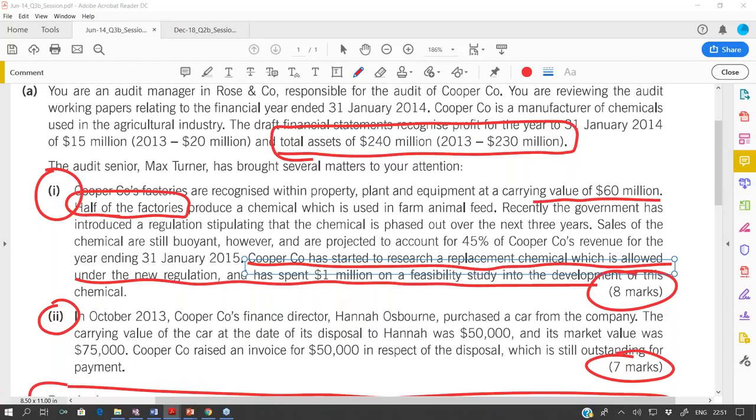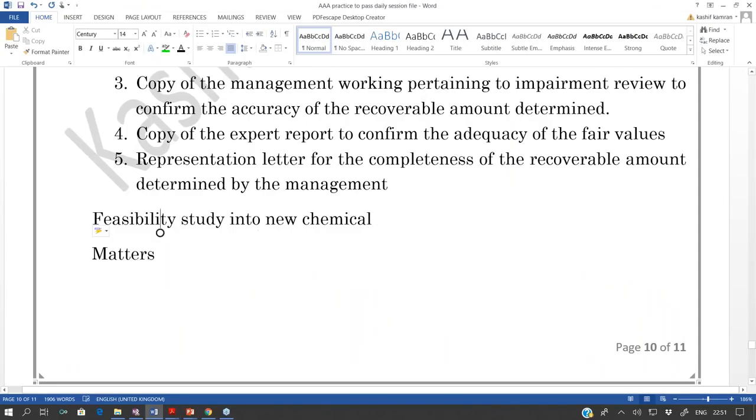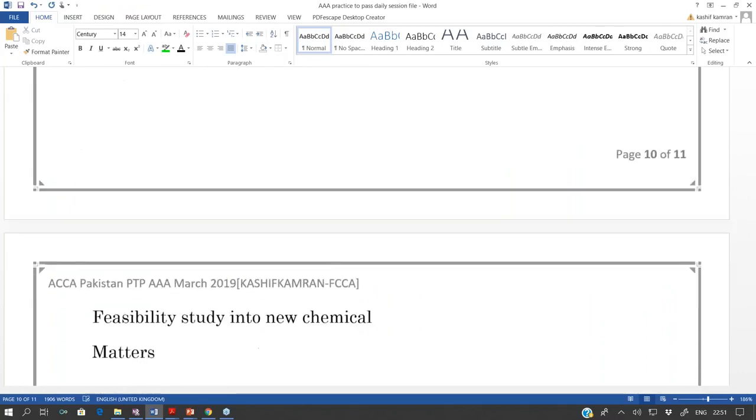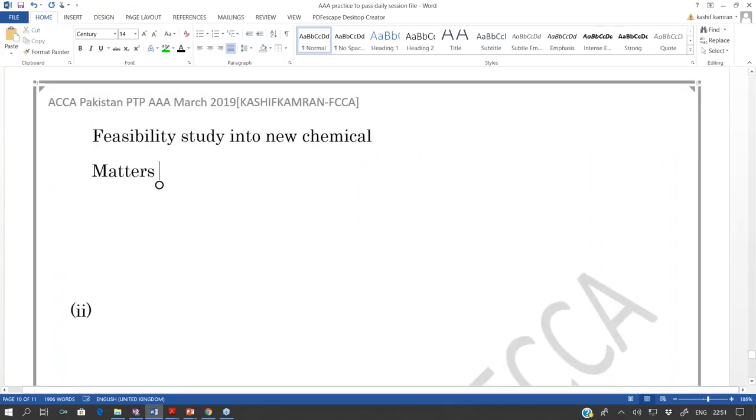So if I go back to my Word file, I'll keep drilling the matters now. Just want to show you how many marks you had, and you just have to score 8.